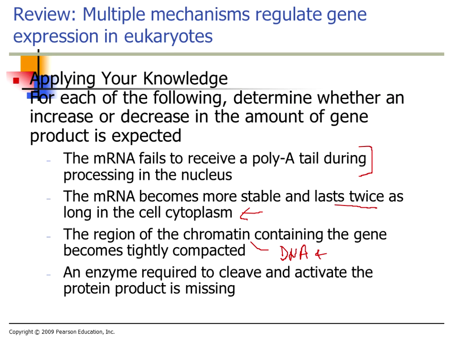There is no unpacking because it's more compacted, right? So then it should become less. So you should get less amount of protein if you can't access the DNA, right? So you will get less product. Okay. An enzyme that is required to cleave and activate the protein product is missing.